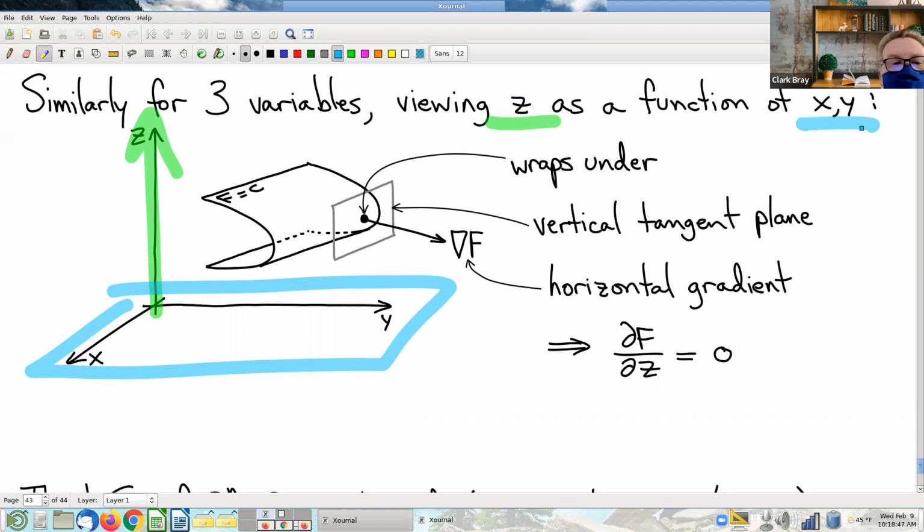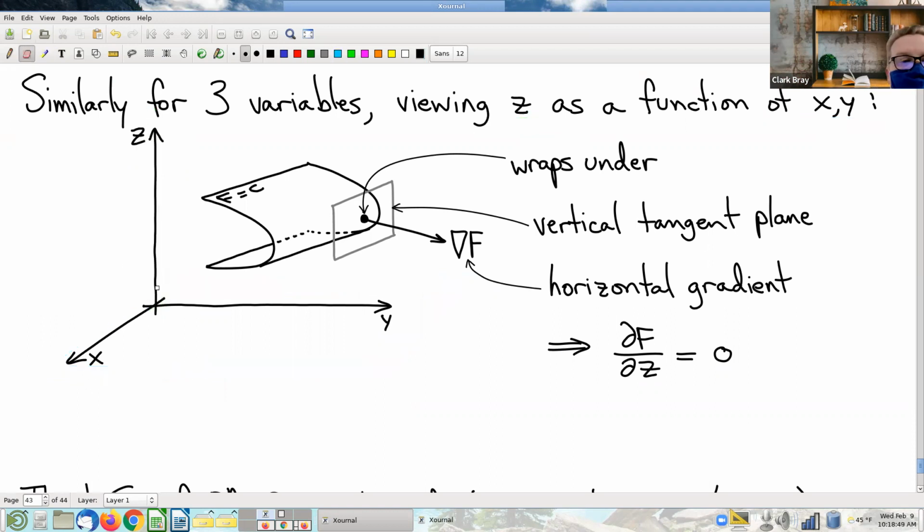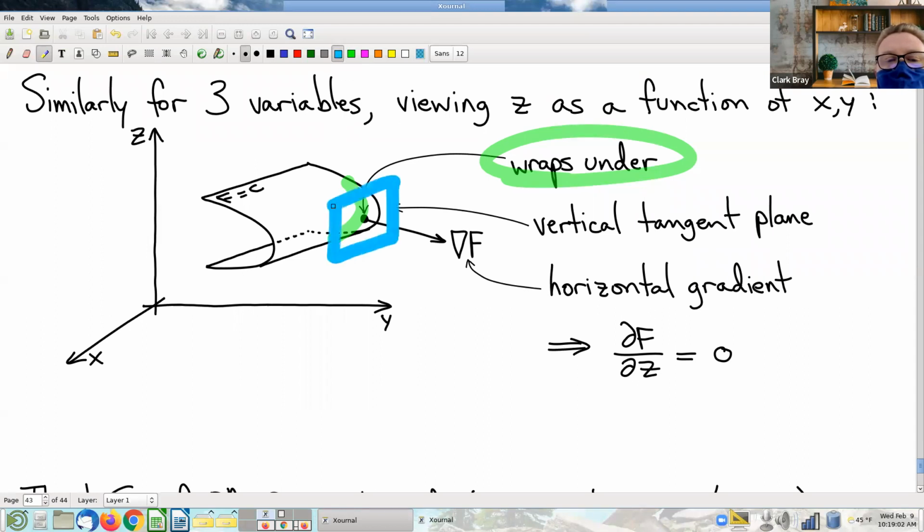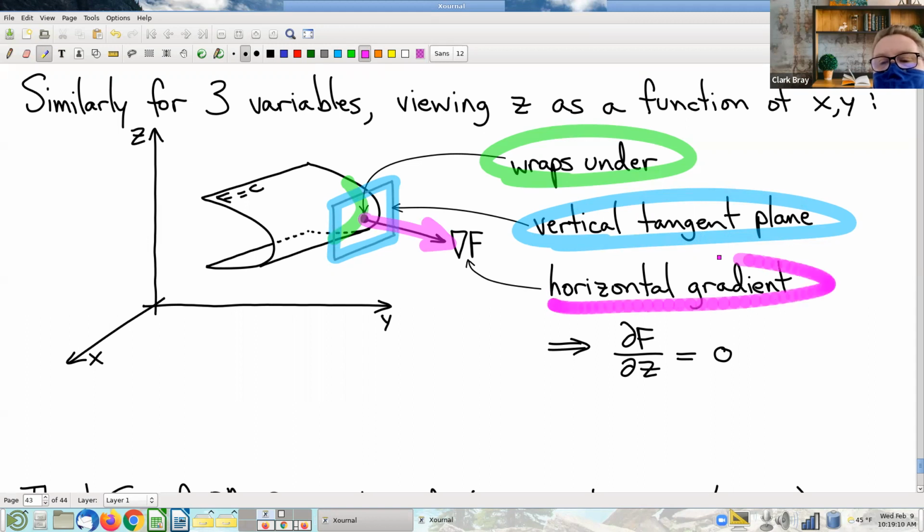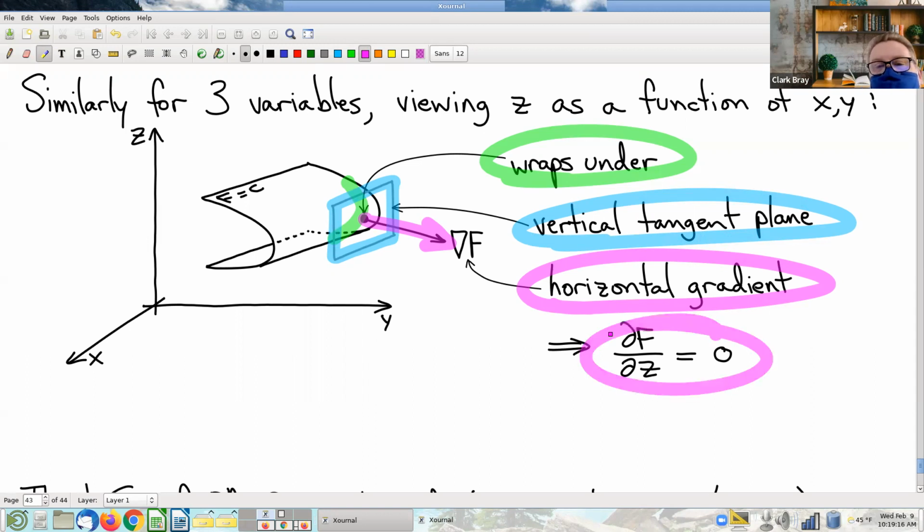So how do I decide if z can be viewed as a function of x and y? Well, we need to make sure it's not currently in the process of wrapping under itself, such as at that point where we have a problem, right? Which would manifest by having a vertical tangent plane at that point, which would cause then a horizontal gradient again, which would mean that the partial with respect to z would be 0.